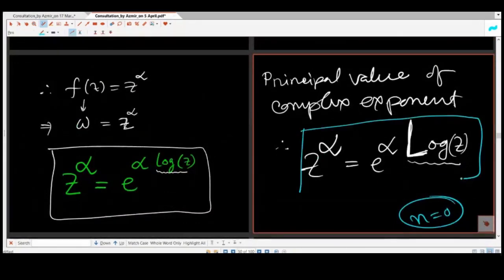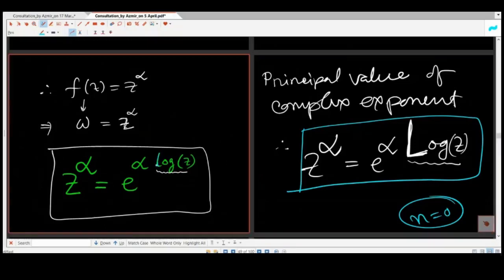If we have complex exponent z to the alpha, we can write this as e to the alpha log z. For finding the principal value of complex exponent, we have to replace small log by capital Log.